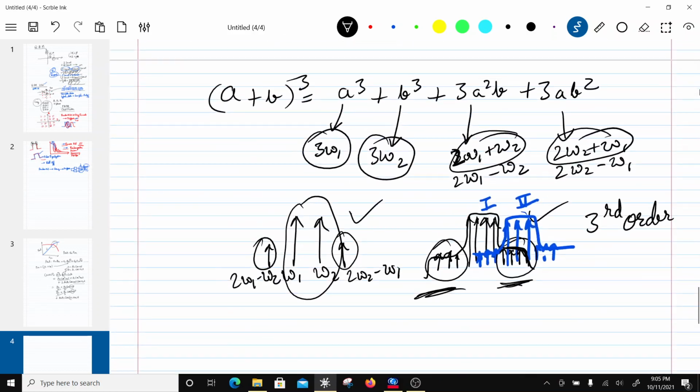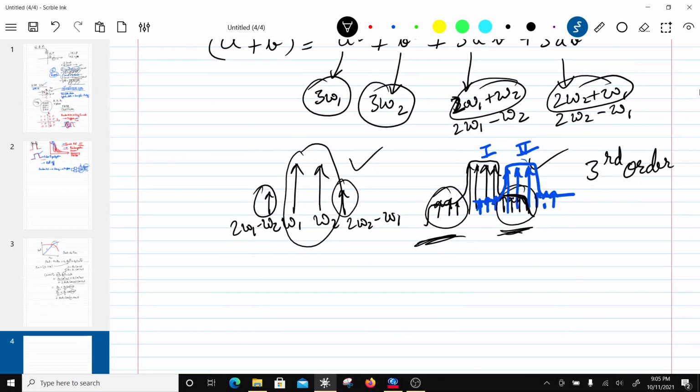So now you would have understood what non-linearity will do. Non-linearity will result in components in the adjacent channel, and this ratio of main channel to the adjacent channel is known as ACPR, right?